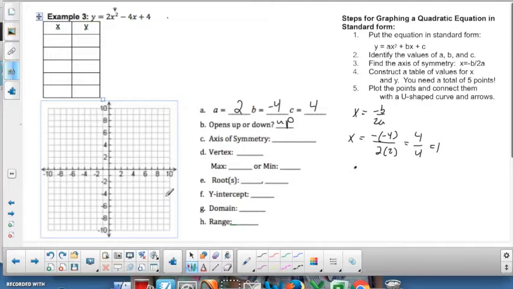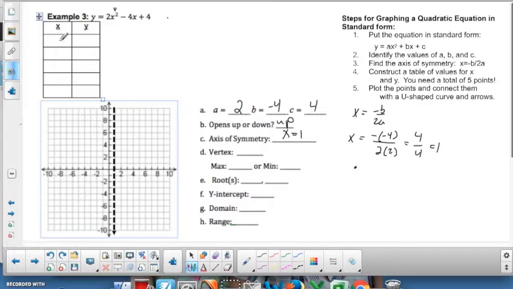So my axis of symmetry is yet again x equals 1. So that's going to be that vertical line at x equals 1 right here. Okay.